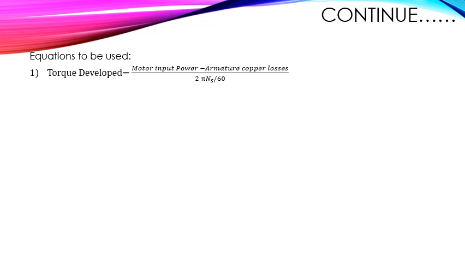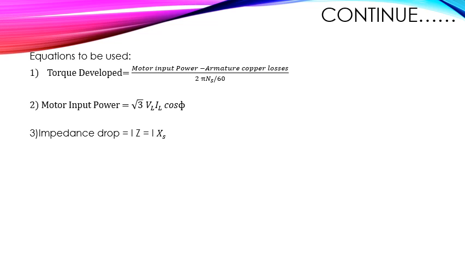Now we'll see the equations to be used. Torque developed is equal to motor input power minus armature copper loss, divided by 2 pi ns divided by 60. Here we are taking the synchronous speed in rps, that's why we divide the synchronous speed by 60. Then motor input power is equal to root 3 VL I cos phi. Then impedance drop IZ is equal to IXS, because here armature resistance is neglected, that's why the impedance is equal to the synchronous reactance.